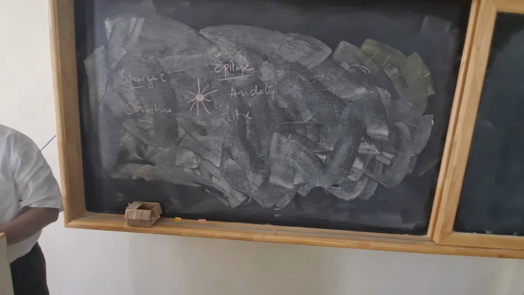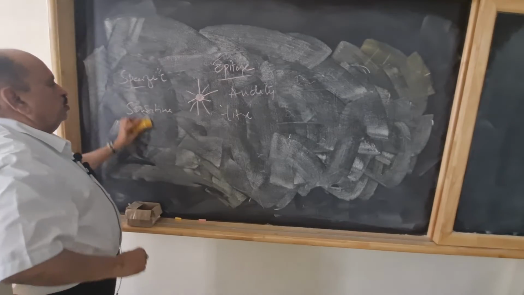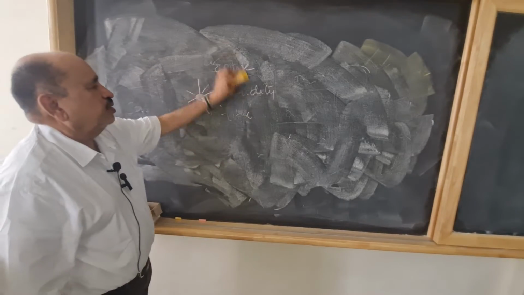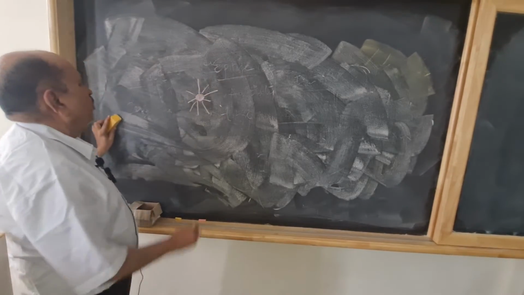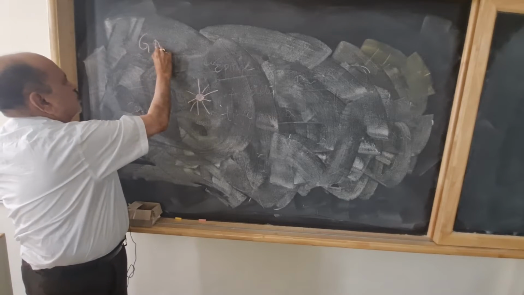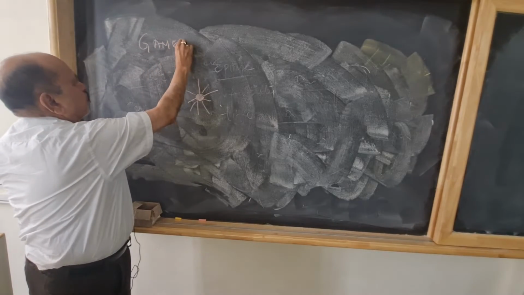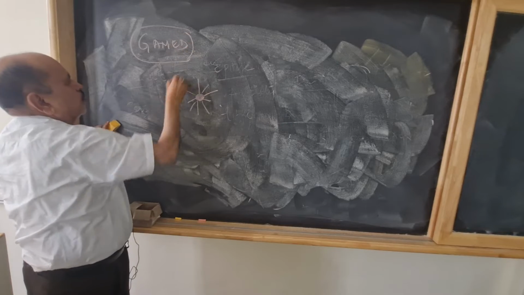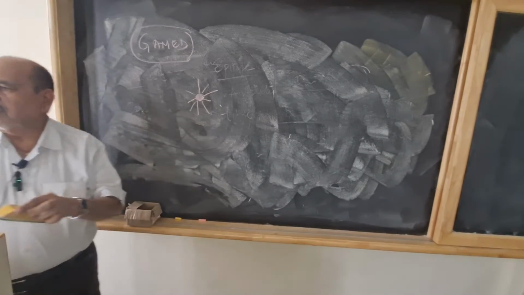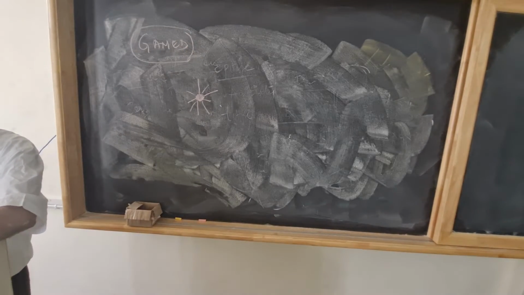Now moving on to the antibodies, you remember the mnemonic GAMED. These are the five classes of antibodies.